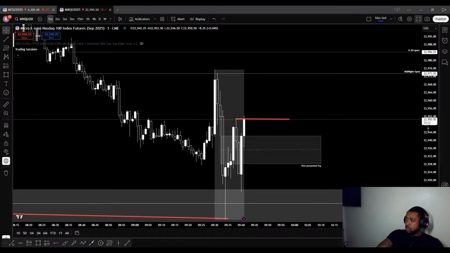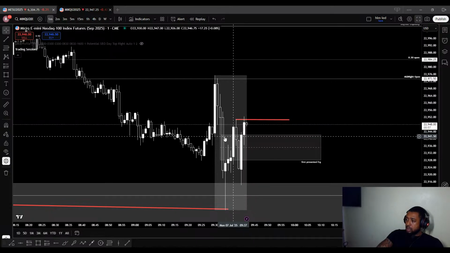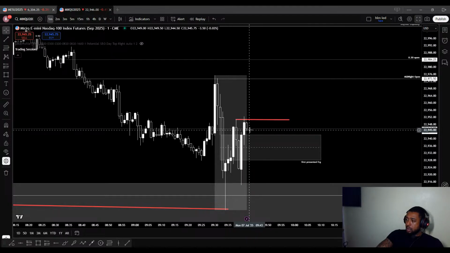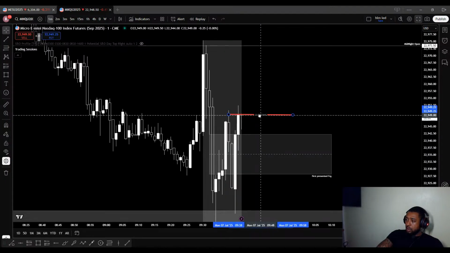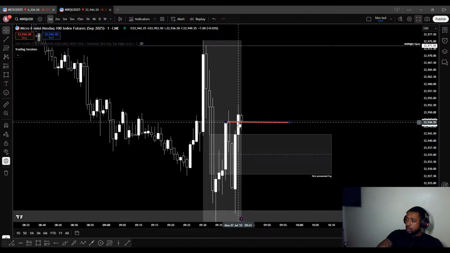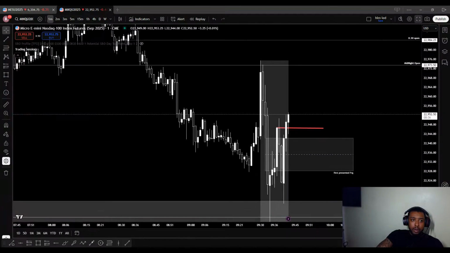5, 4, 3, 2, 1. Oh, it almost created a change in state, but it did close above the opening price of this down candle. So let's see if this opening price supports price higher. This opening price right here. Oh yeah, that's a good sign right there.